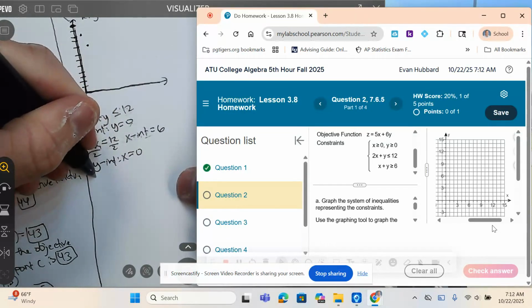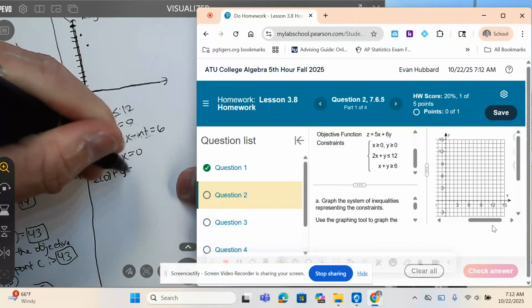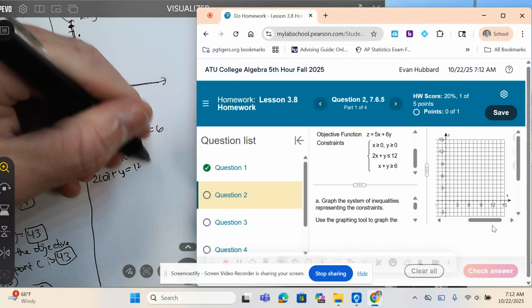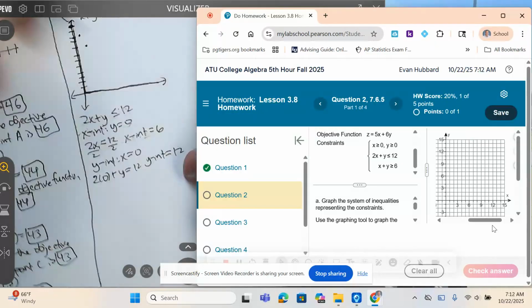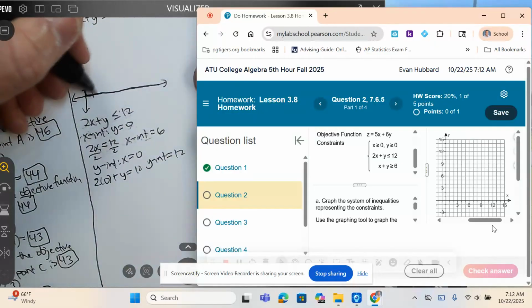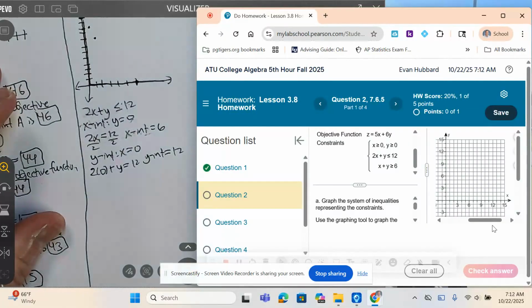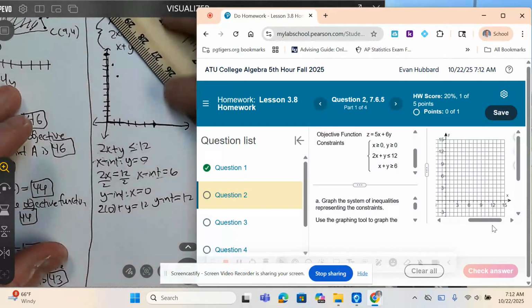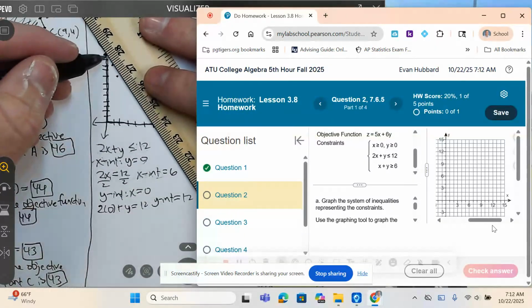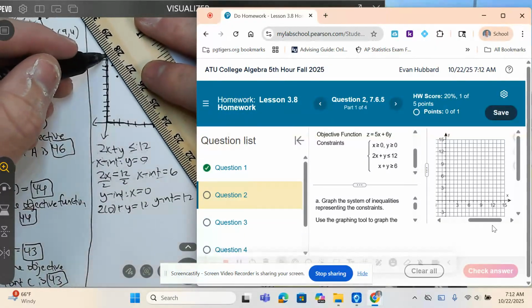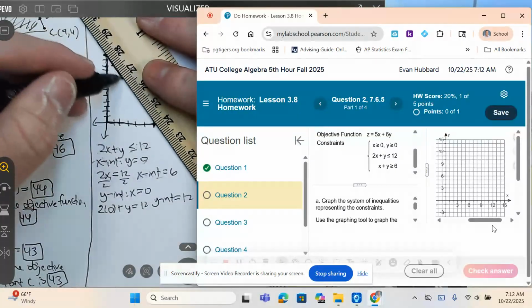So 2 times 0 plus y equals 12. The y-intercept is 12, the x-intercept is 6. I want to be a little bit precise here. I'm going to connect these, and I'm just going to do a segment here because it's not going to go beyond these points.